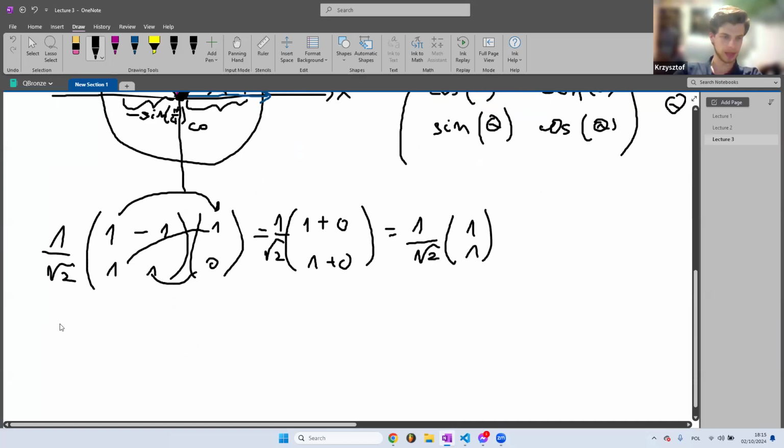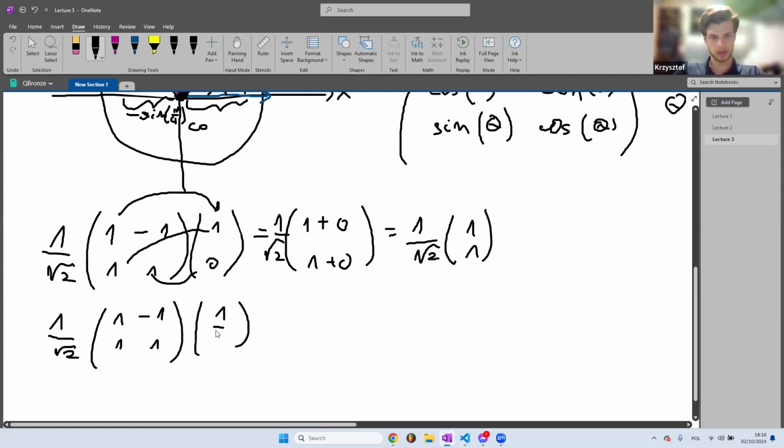And let's now apply this operator once again on our resulting state to get a little bit more intuition, in practice, how the matrices work. And here we also have 1 over square root of 2 from the vector itself. So now we have 1, minus 1 and 1, plus 1 from this multiplication here.